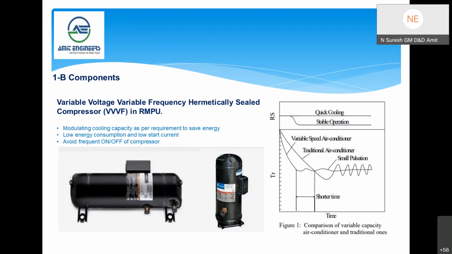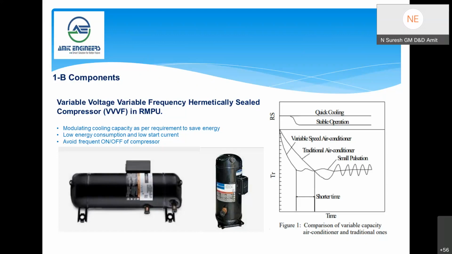What does hermetically sealed mean? This compressor is hermetically sealed. You can see the black shell dome, which is totally sealed. Hermetically means there is no external device connected. Everything is sealed and coupled inside this shell.